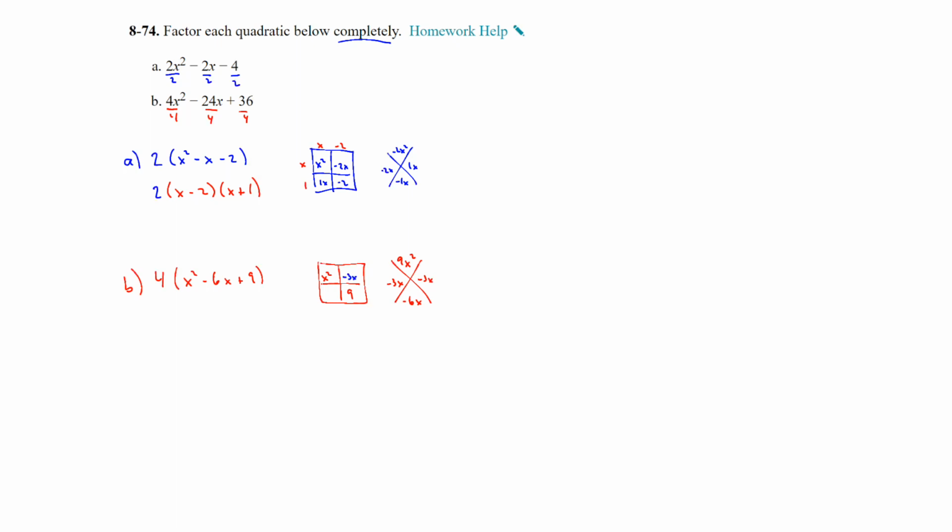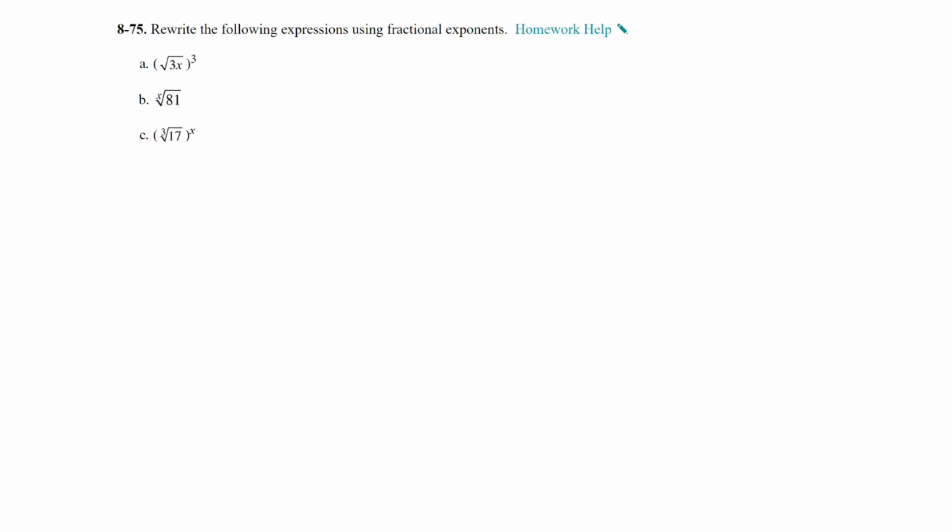So this is negative 3x and negative 3x, which means we have an x times an x, a negative 3 and a negative 3. It's supposed to be a 3. And so now we have 4 times (x minus 3) times (x minus 3), or 4 times (x minus 3) squared.